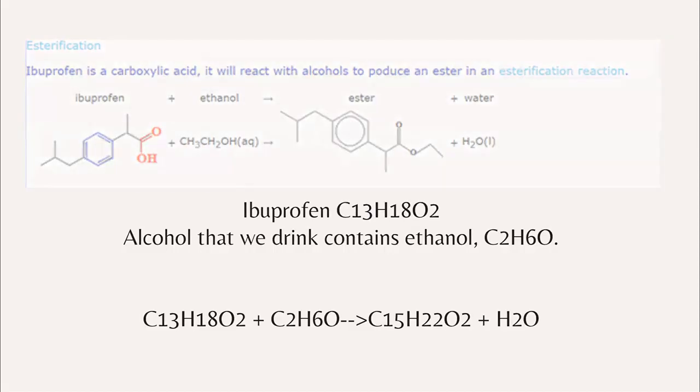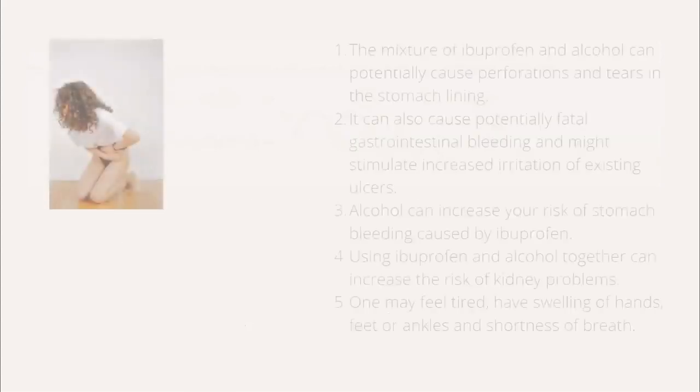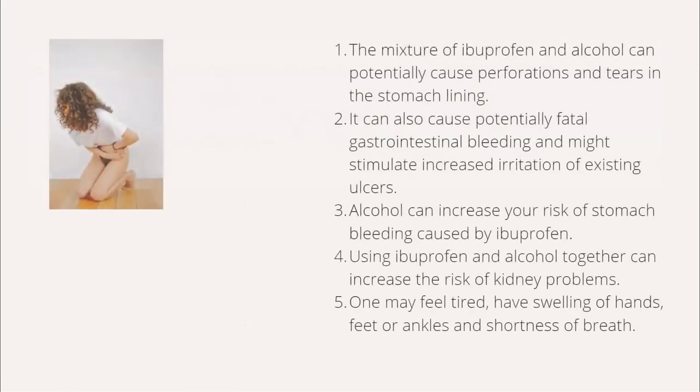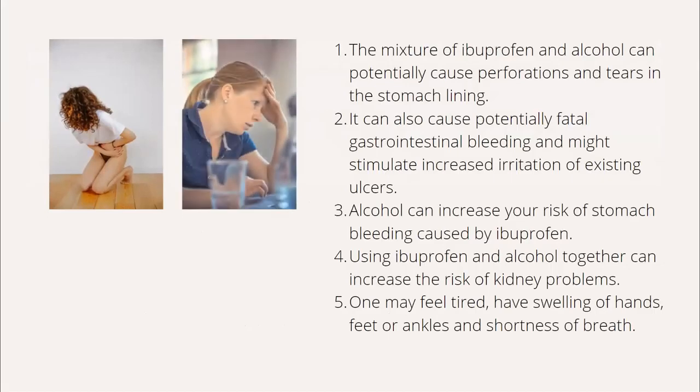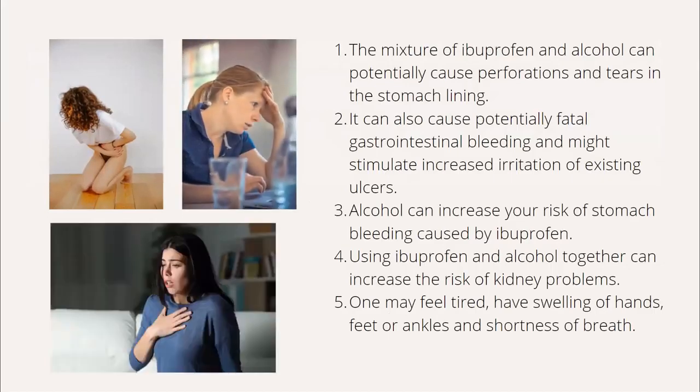Ester and water are produced. The mixture of ibuprofen and alcohol can potentially cause perforation and tears in the stomach lining. It can also cause potentially fatal gastrointestinal bleeding and might increase irritation of existing ulcers.